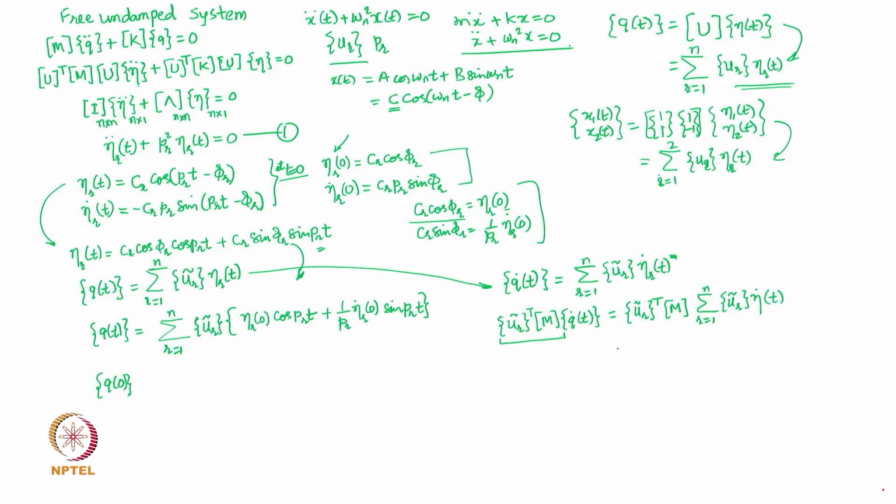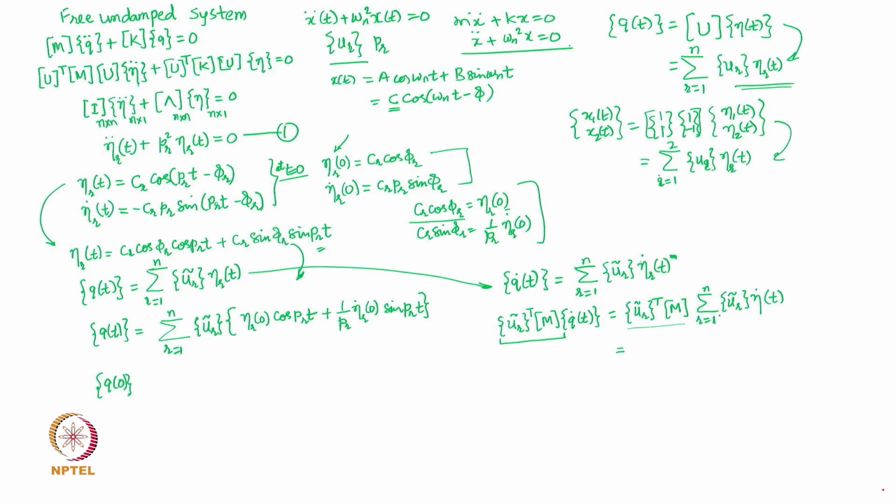So just think about this, that when I multiply this product to each of the summation series terms, this summation is a series from r equal to 1 to n.